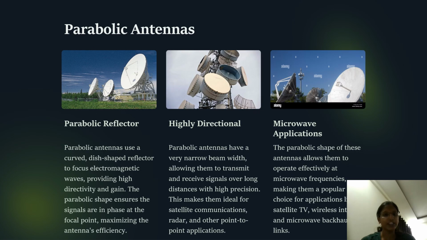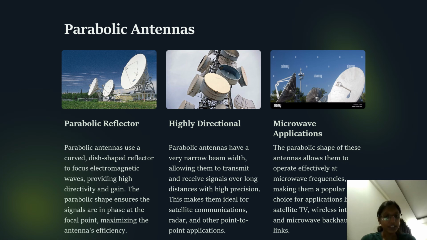Then we have parabolic antennas. Parabolic antennas are parabolic reflectors, highly directional, used in microwave applications. Parabolic antennas use a curved dish-shaped reflector to focus electromagnetic waves, providing high directivity and gain.